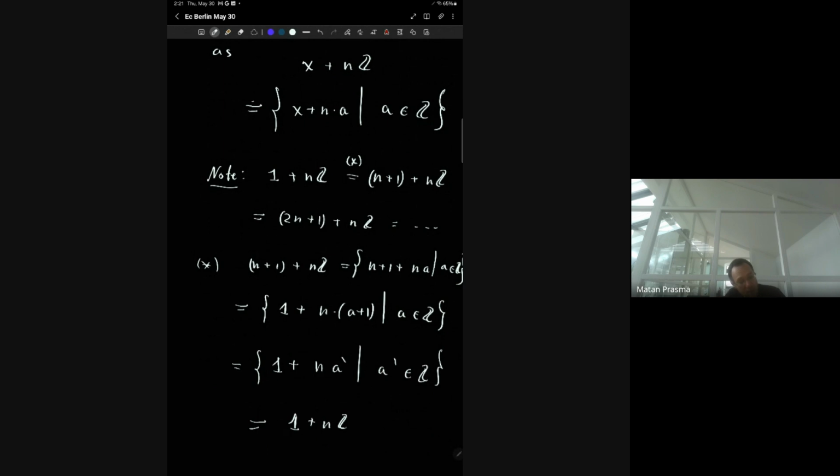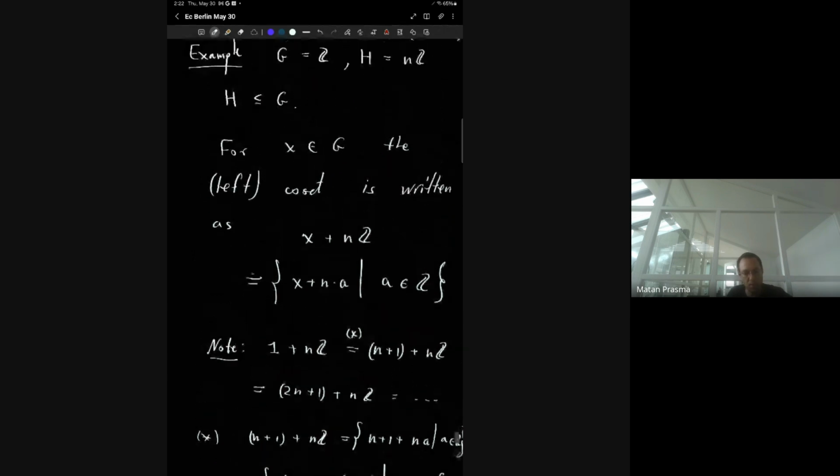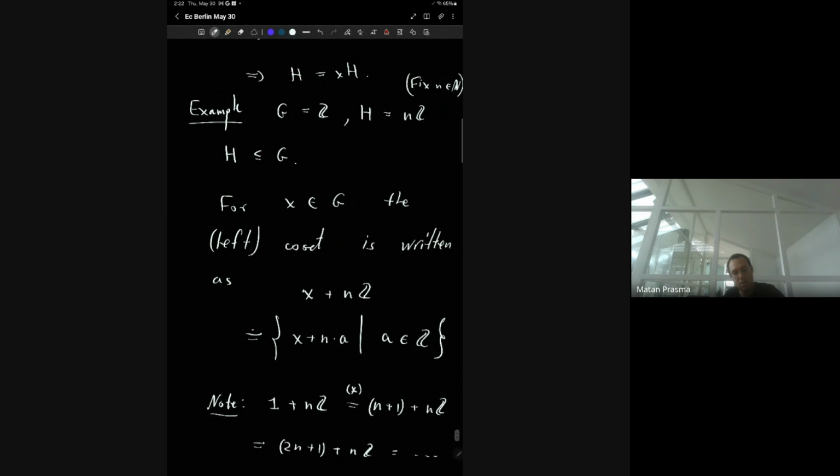So you see, we have a lot of different cosets that are equal. In fact, how many distinct cosets should we expect in this case? We fix an n. We look at the group of integers and the subgroup nZ.